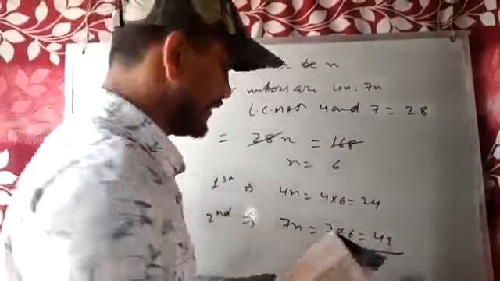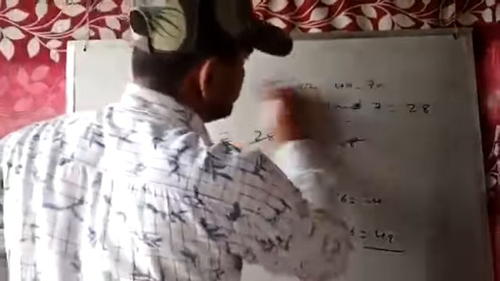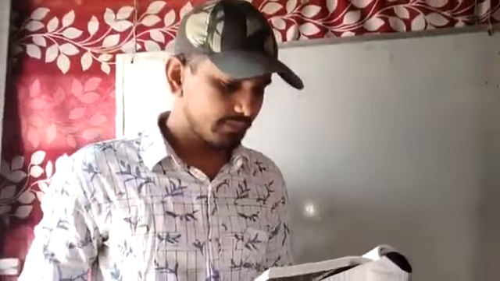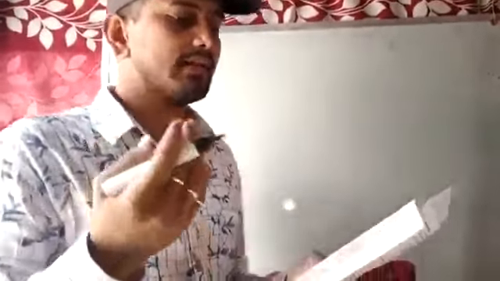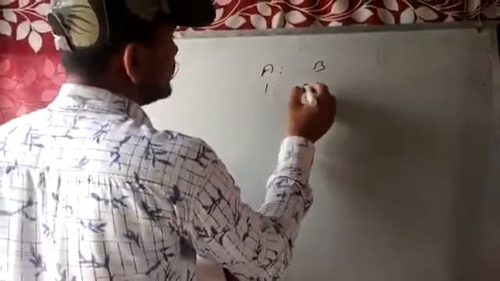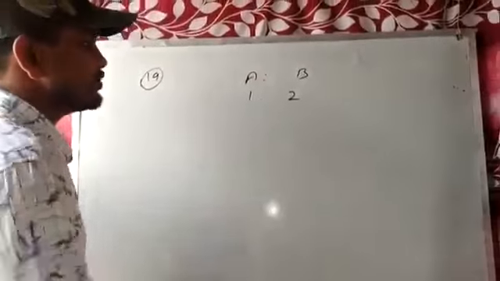Now question number 19. 300 is divided between A and B such that A gets half of B. So the ratio of A to B is 1:2. Why am I writing 1:2?